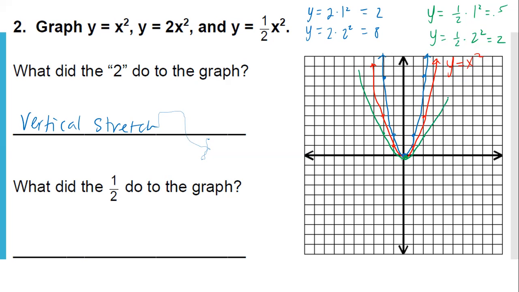So pretend that these are, again, the best lines you've ever seen. What happened with y equals 1/2 x squared compared to the red? In this case, we call it a vertical compression.